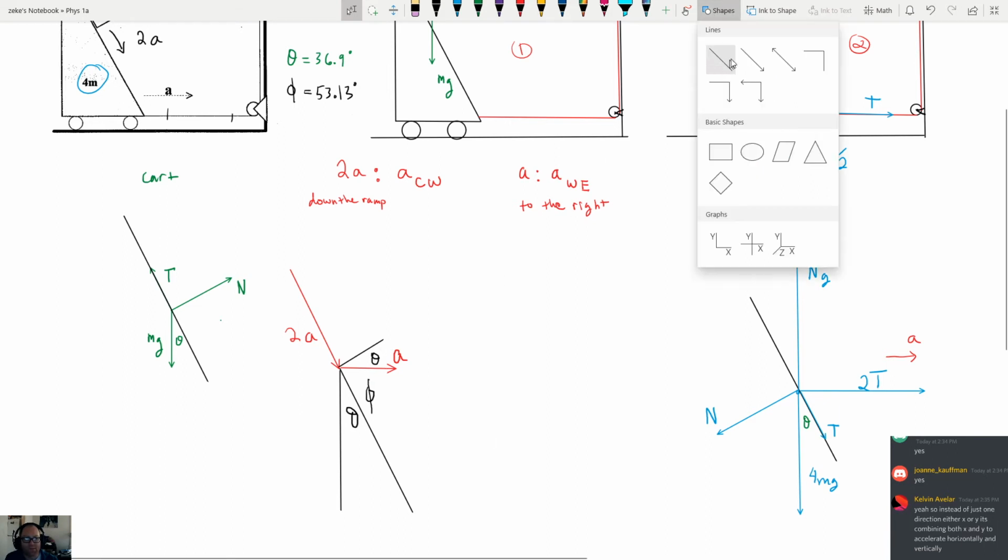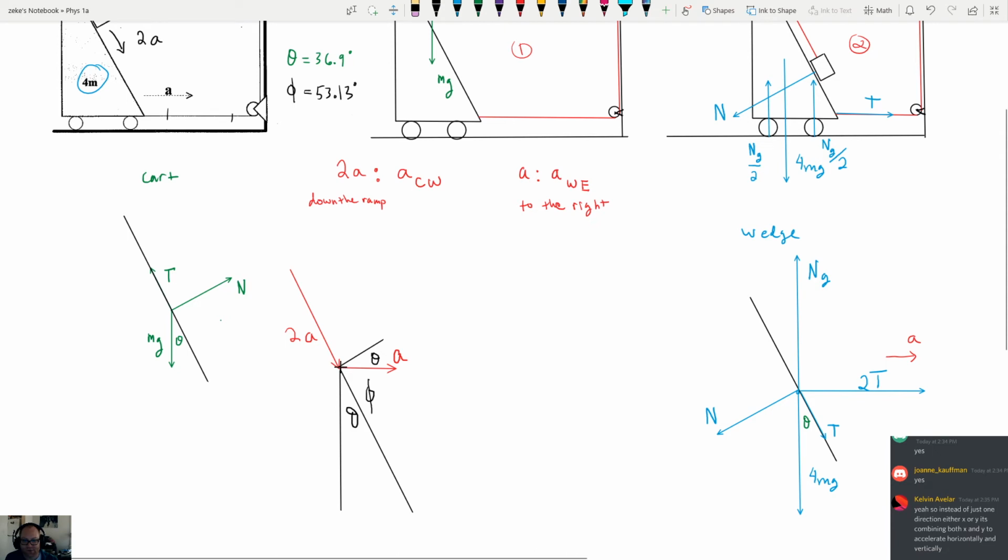We need to break up A into components. One that points this way, which I'm going to make purple, and then another one that points this way. A is the acceleration like that, and then we'll make this one, I don't know, what other colors do we have? Like dark blue?